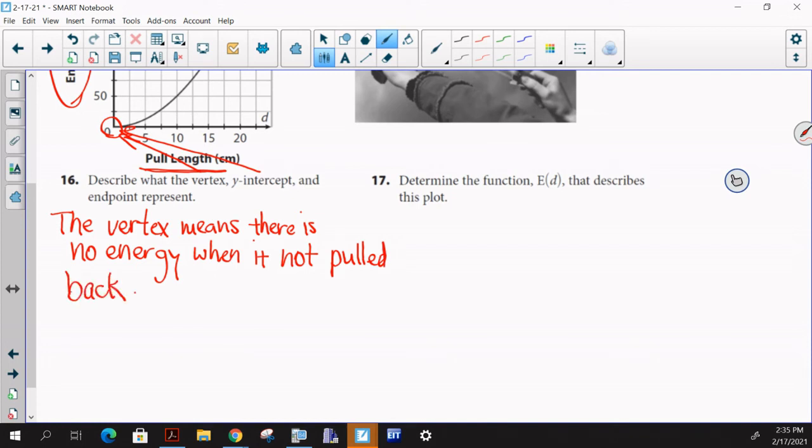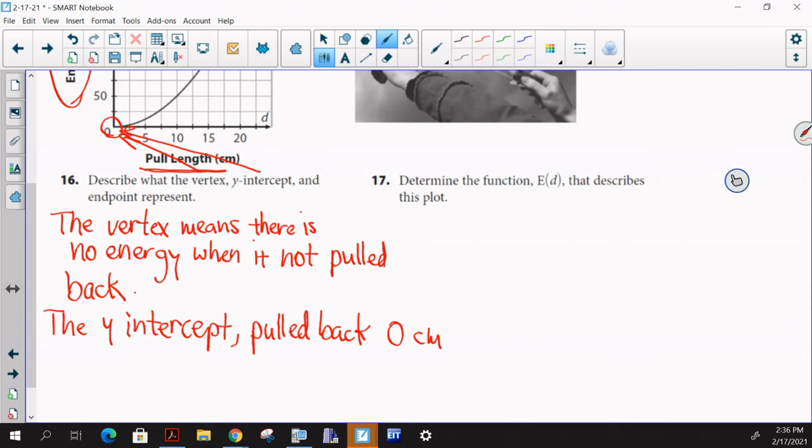Likewise, the y-intercept is the pull before it's being pulled. Let's pull it back zero centimeters. The y-intercept represents that it has no, or zero, energy.